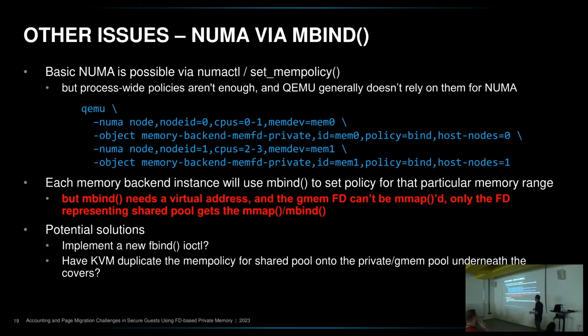But in some cases maybe KVM's not aware of how those policies are being set on that shared pool and doesn't necessarily have the insight or get called at the appropriate times to make something like that happen. So that's another area that is worth looking into.